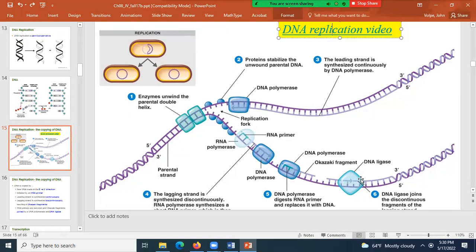And so there are three important enzymes I really want you to know in DNA replication. The first is the helicase, which opens up the double-stranded DNA and makes it single-stranded. And then the single-stranded DNA, the DNA polymerase, which is the second enzyme you need to know, can bind to that DNA and then use that single-stranded DNA as a template to make the newly replicated DNA.